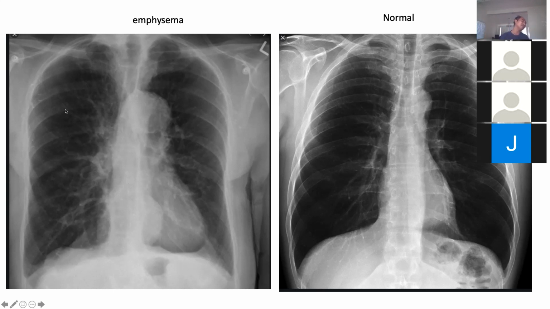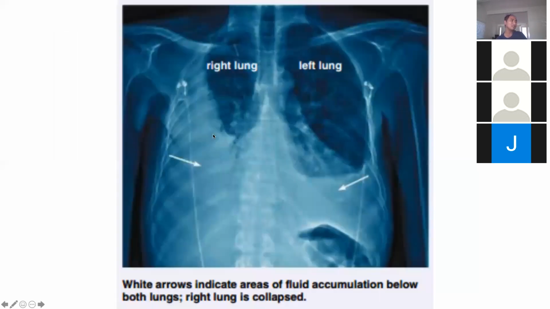Therefore, the lung is very expanded with air not properly arranged in the alveoli. It is everywhere. That is emphysema, a condition where the alveoli with the associated elastic fibers are all damaged. Let's look at the next one.